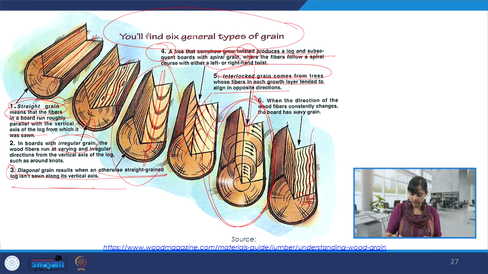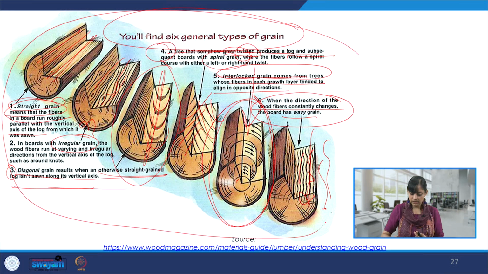And this is a wavy grain. When the direction of the wood fibers constantly changes, the board has this kind of a wavy grain. So we have these, broadly speaking, 6 types of grains that we see in timber, and they are very crucial to be understood while deciding how we are cutting them, what kind of grain structure we want to use for our advantage in naturally occurring timber.